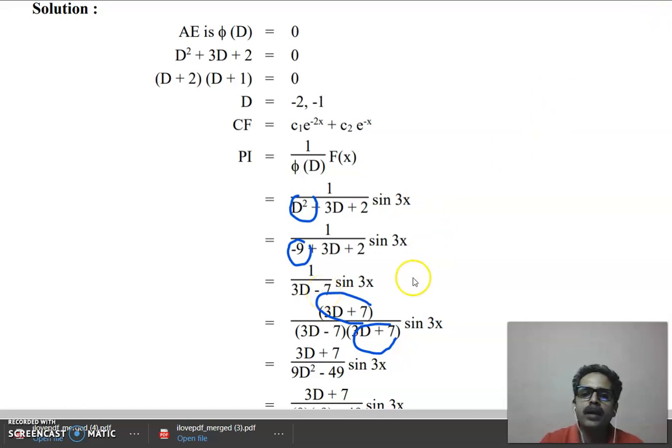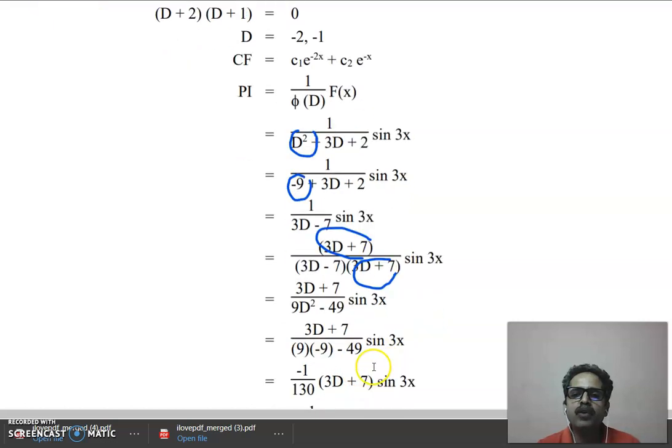Fine, and when you carry out the product in the denominator, apply the formula a minus b, a plus b, you will find a square minus b square, and that means here 9D square minus 49, and you can replace here D square by minus 9, because D square is available here. So you replace this D square by minus 9. The constant we must keep as it is, and when you simplify the denominator you will find this step.